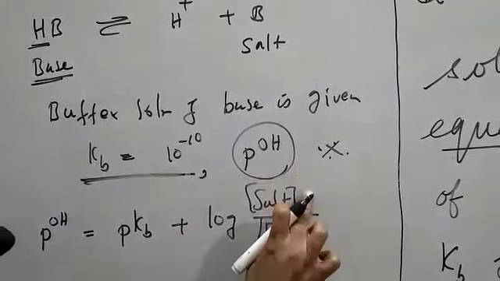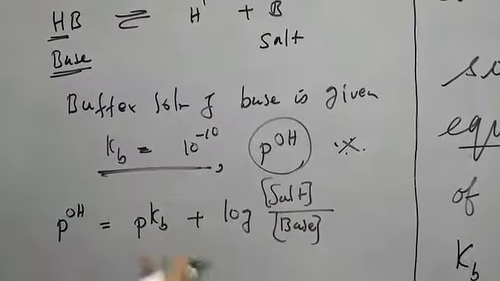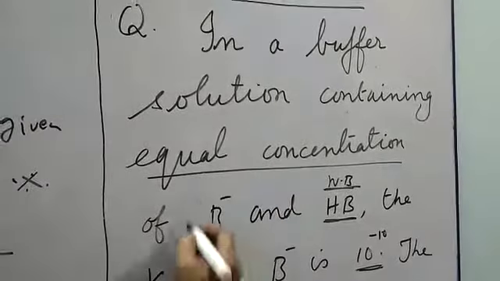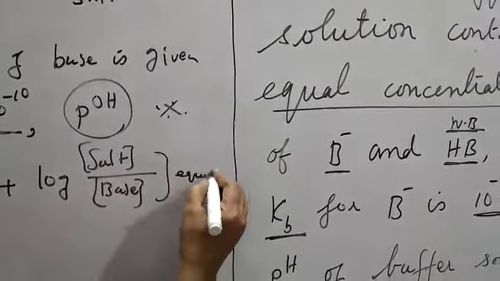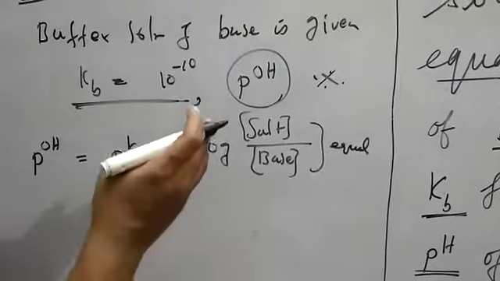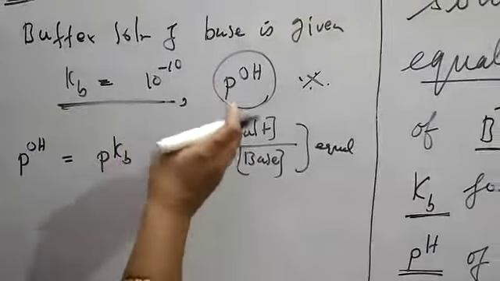So concentration of salt by the base. The condition given is equal concentration of the salt and the base, so both are equal. Suppose 5 divided by 5, that is 1. So what you are going to get is log 1.